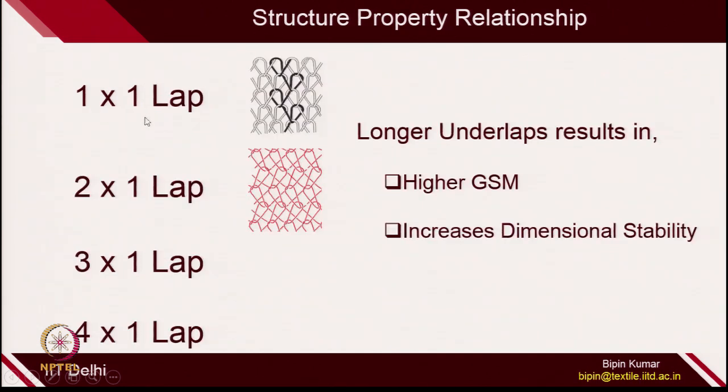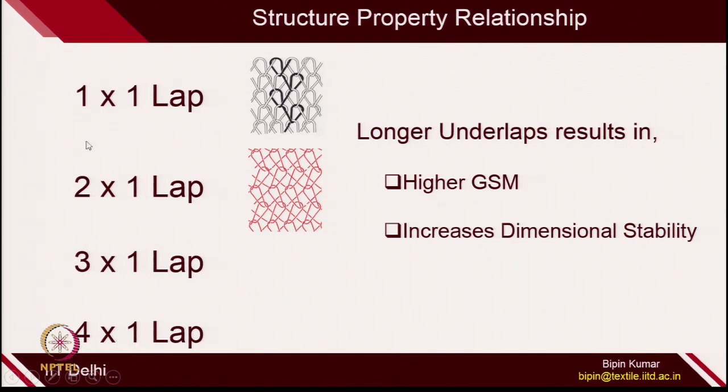So, having more and more open loops will result in these fabric characteristics. Also, if you change the lapping, for example 1 cross 1 lap means 1 pitch of underlap and 1 pitch of overlap. 2 cross 1 means 2 pitches of underlap, 1 pitch of overlap. 3 cross 1, 3 underlap, 1 overlap. 4 cross 1, 4 underlap and 1 overlap.